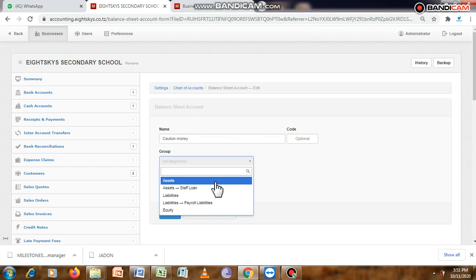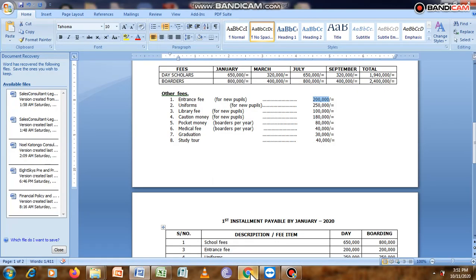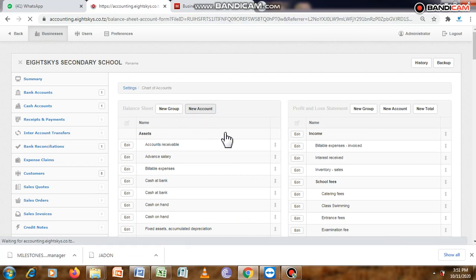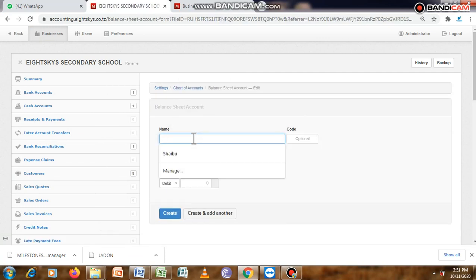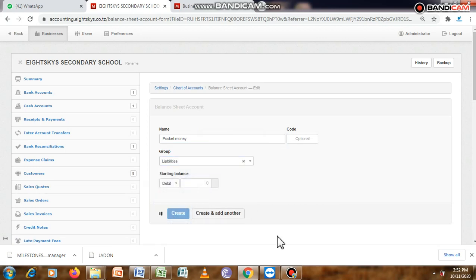It's not income to the school, so this will be under liabilities. Then I create it. Then another account is pocket money. Again, pocket money is another liability. It's not income to the school. It will be given back to the students. So this is pocket money, and again this is a liability, so I go ahead and create it.